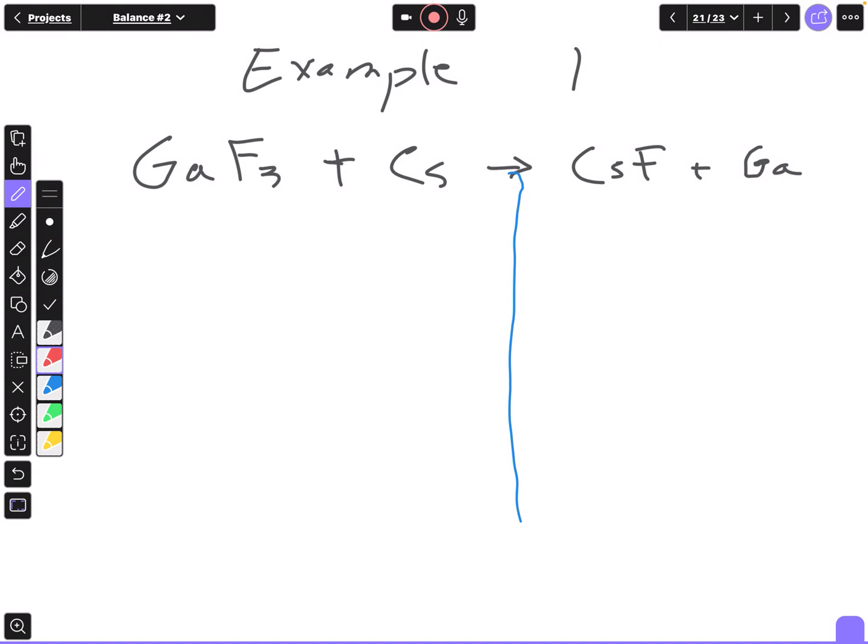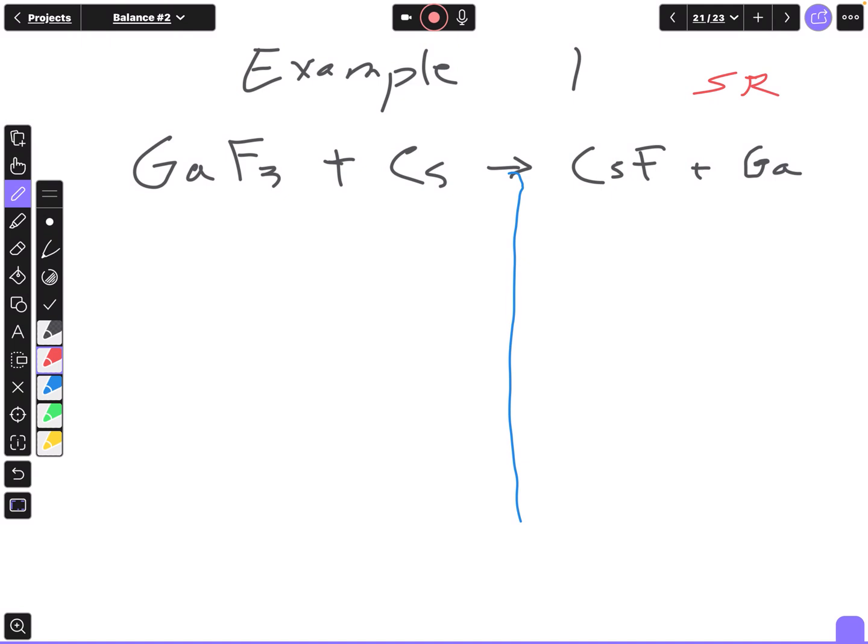I've got 2 reactants, 2 products, so I know it's got to be either single replacement, double replacement, or combustion. And I look, and I got a compound plus an element on the left, and I got a compound plus an element on the right. So that can only be single replacement, because I have element plus compound produces element plus compound.